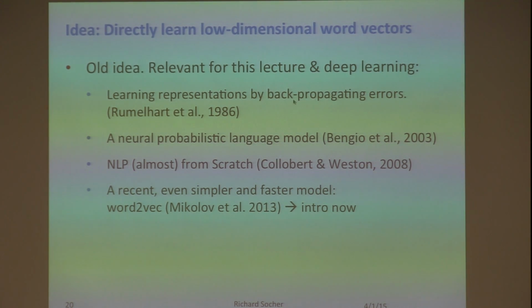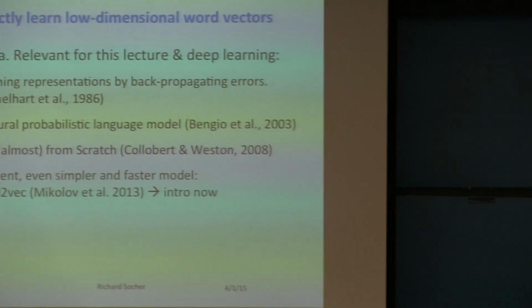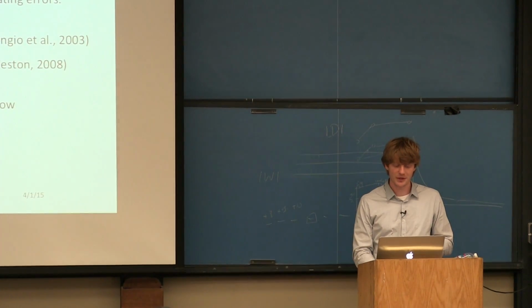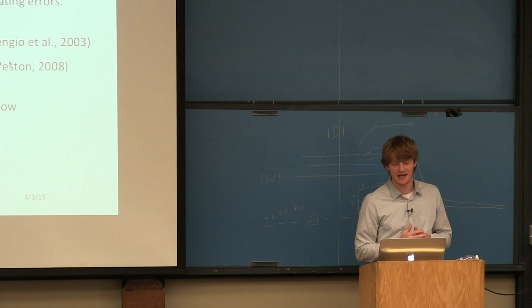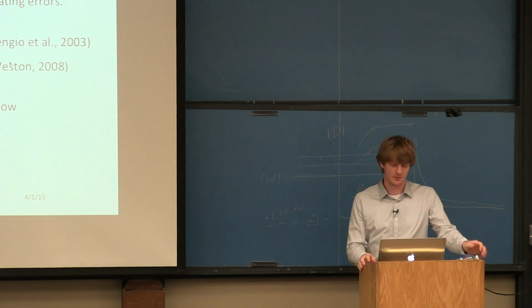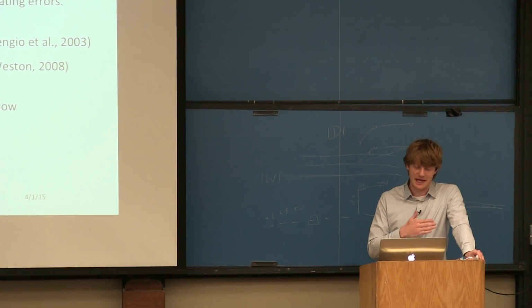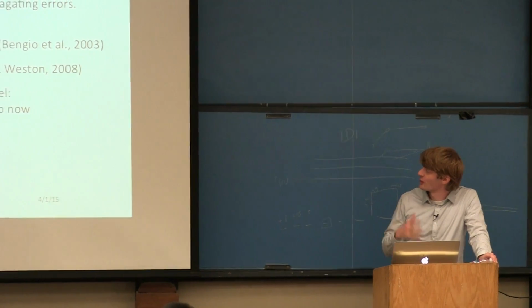I would personally attribute Yoshua Bengio and his 2003 paper to really making this idea work in a large-scale setting. Language models basically just try to predict the next word, and this is also something we'll go through in the class. Then Collobert and Weston had a paper that was very influential for me personally for my PhD, on natural language processing almost from scratch.